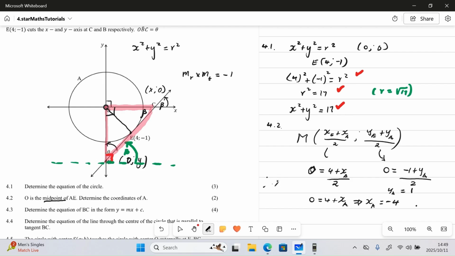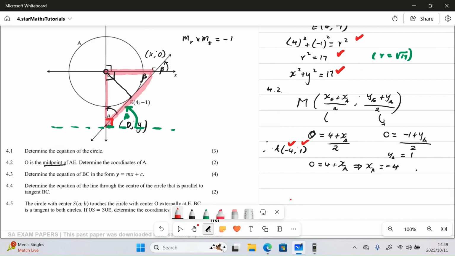Therefore, the coordinates of A is (-4; 1). Does it make sense? Yes, it's on the negative side, and 1. Then we get 2 marks because they said the coordinates, that is 2 marks. Easy marks.